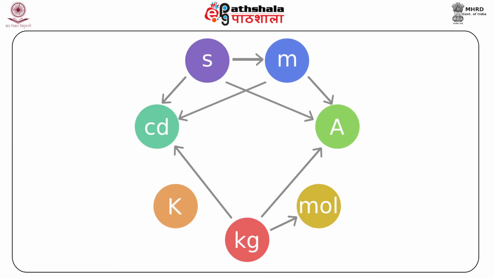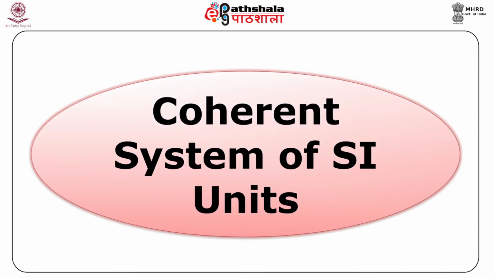The radian and steradian, which were the supplementary units, are now incorporated into the class of SI derived units. Thus, the SI units are currently divided into base units and derived units, which together form the coherent system of SI units.